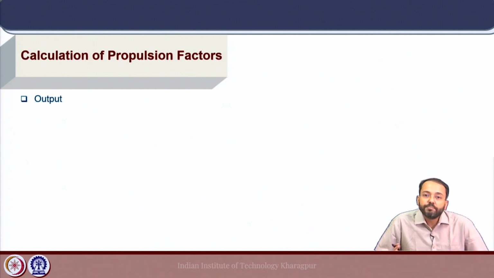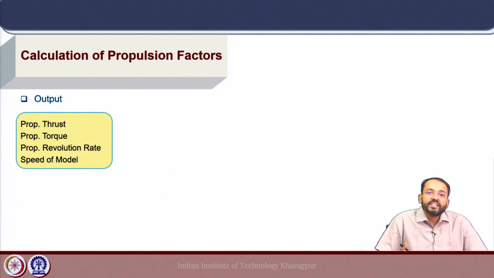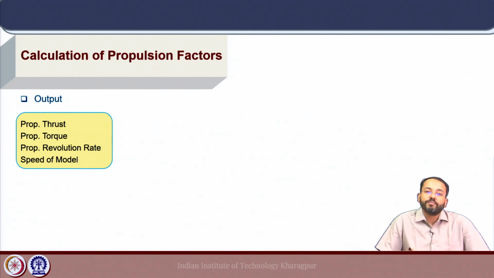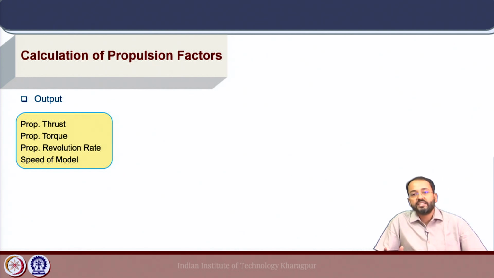So, let us simply look into the calculation of all the propulsion factors together, and this will be the summary, which is the combination of the self propulsion test along with the results obtained from the resistance and open water tests.